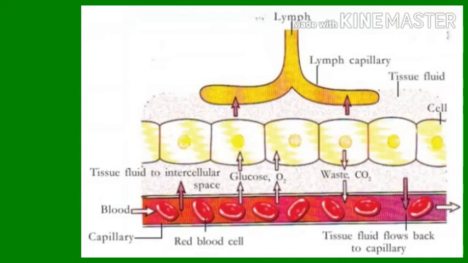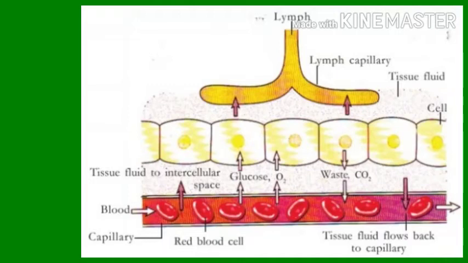By simple diffusion from the intercellular spaces, the nutrients and oxygen reach the cell. In the cell, there is waste as well as carbon dioxide formed during metabolic activities.